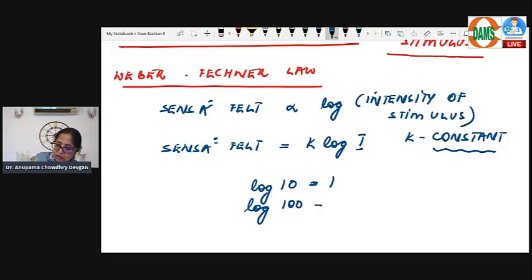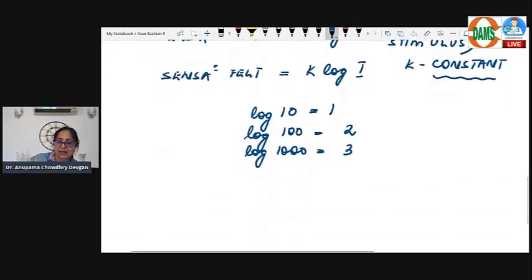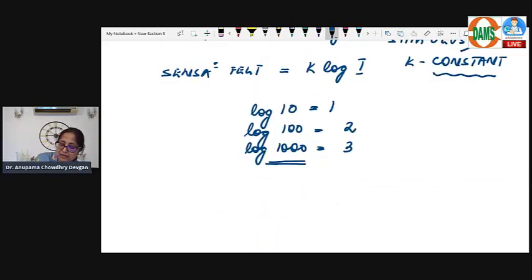Log of 100 is 2. Log of 1000 is 3. That means 10 to 1000 is a 100 times increase.